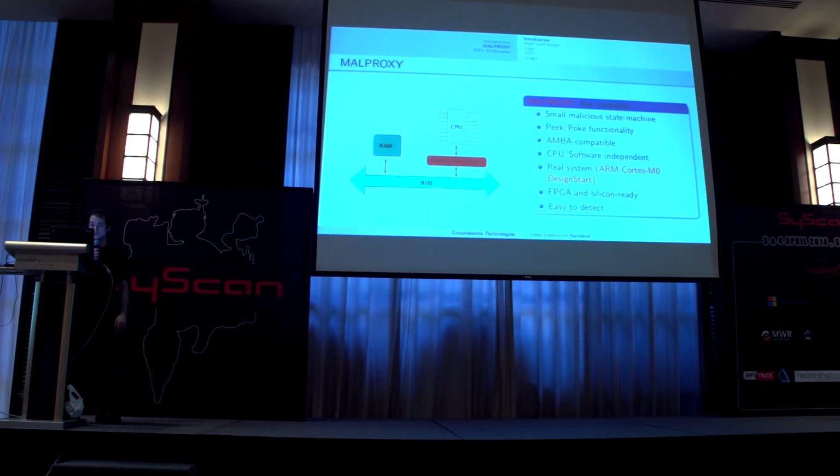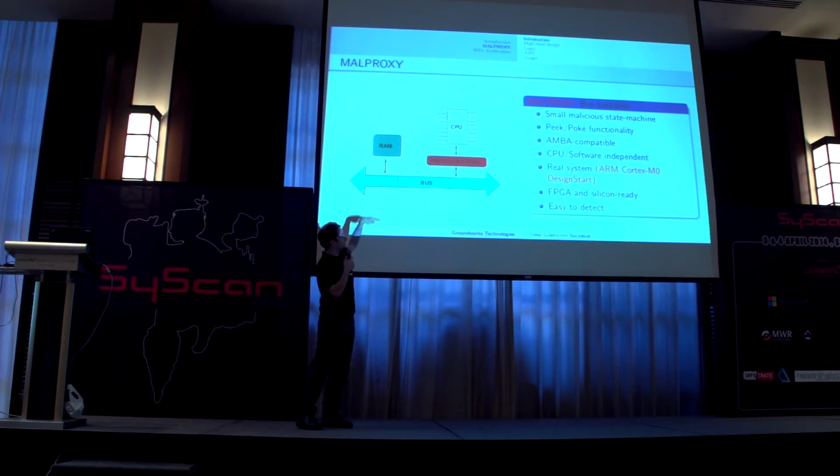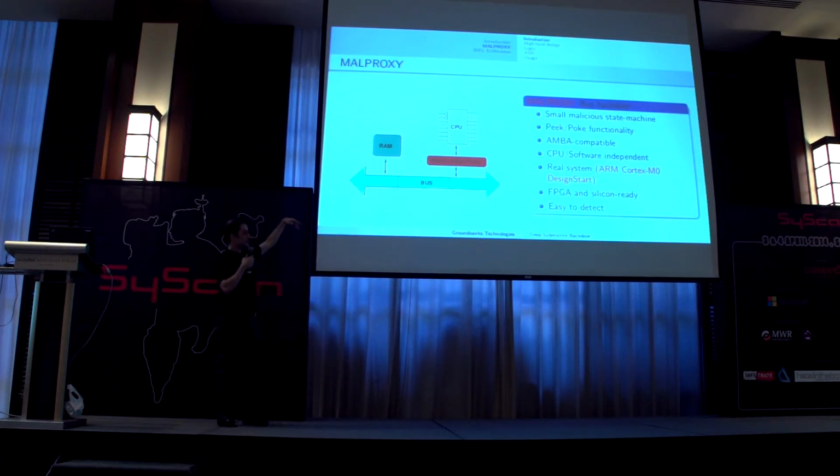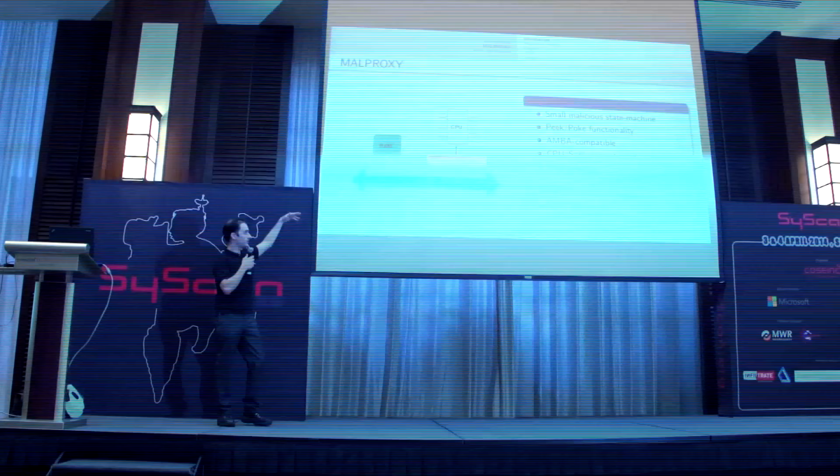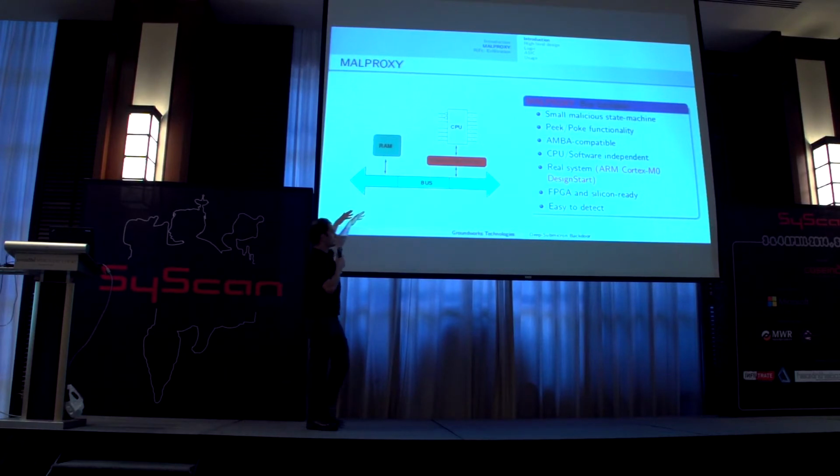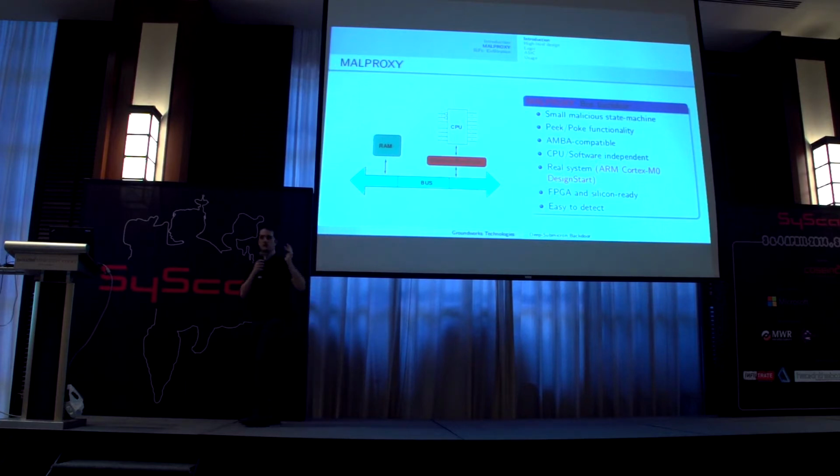Okay, so the first backdoor is very simple. You can see here, it's basically a piece of logic. It gets in between the CPU and the bus, and it is constantly listening to the bus traffic. When it locates a cookie, a specific password or key, that passes through the bus, it activates. And it lets you do basically two things: write into memory and read from memory.